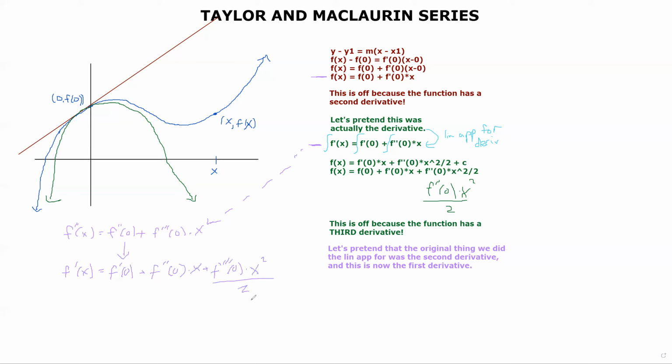So it would appear that f of x is equal to f of 0 plus f prime of 0 times x plus f double prime of 0 times x squared over 2 plus f triple prime of 0 times x cubed over 6. And then we would add another term if we wanted to keep going.